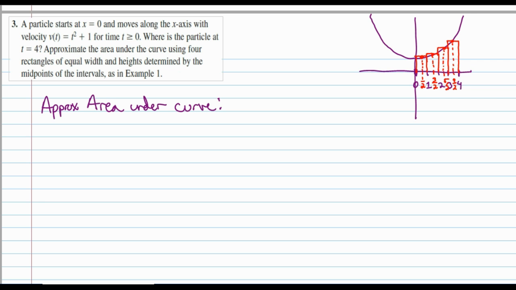So the approximate area under the curve then, each of these rectangles has a width of 1, so I can put that on the outside. And then now I'm going to plug in to my velocity curve each of my middle x values: 1/2, 3/2, 5/2, and 7/2.